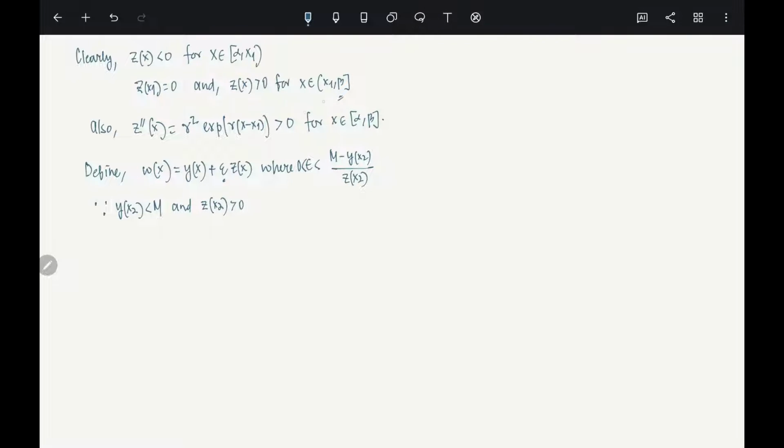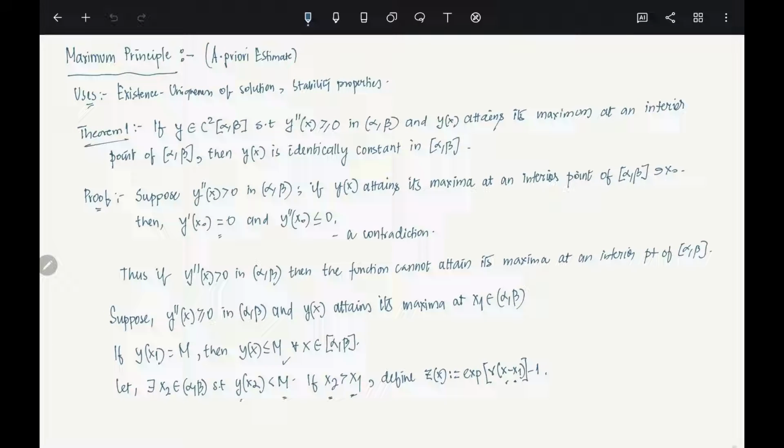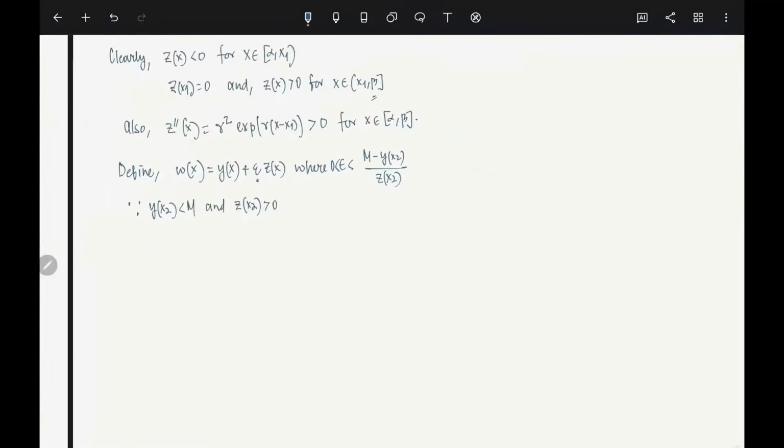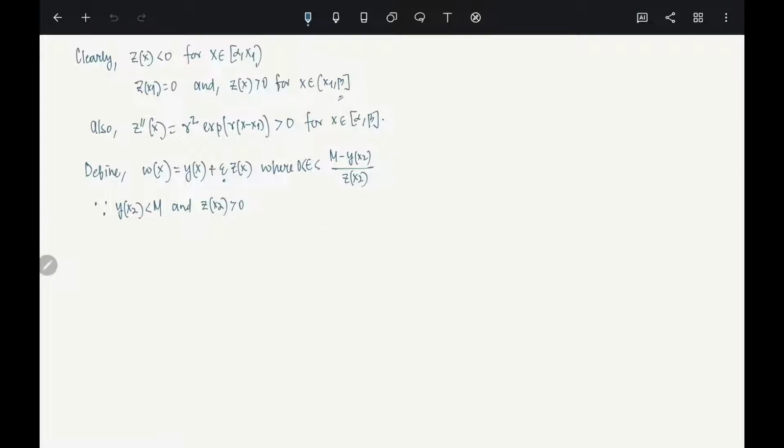So z of x2 is positive and y of x2 is less than m, because this is our assumption. Therefore such an epsilon exists. Clear? And we also have that w of x is less than y of x, which is less than or equal to m. Clear?